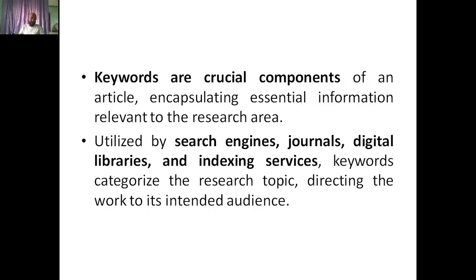Those who are looking for nanotechnology applications will also find my paper. Those looking for biotechnology applications will also find my paper. Those looking for cancer treatment will get information from this paper, and those looking for any nanoparticle applications will also get information from it, because it is completely generalized.